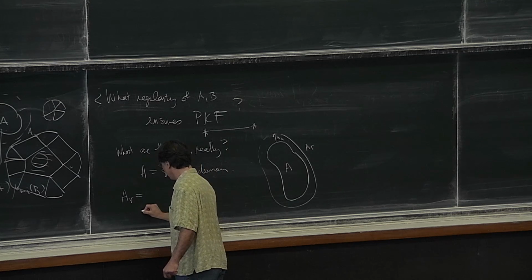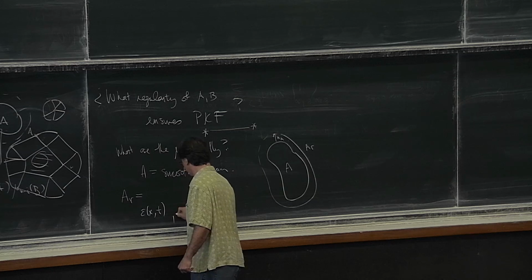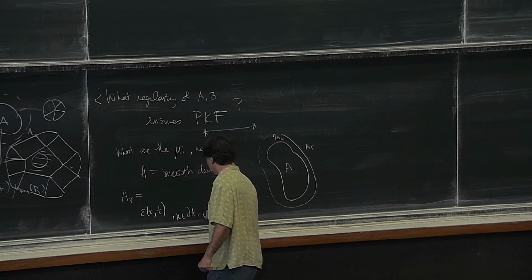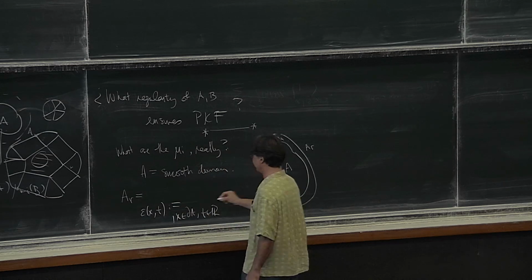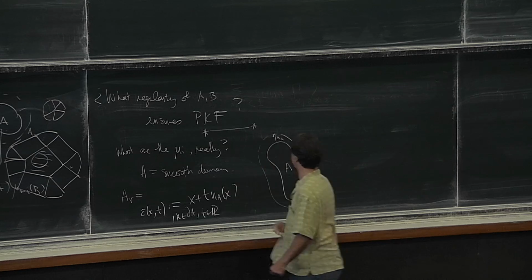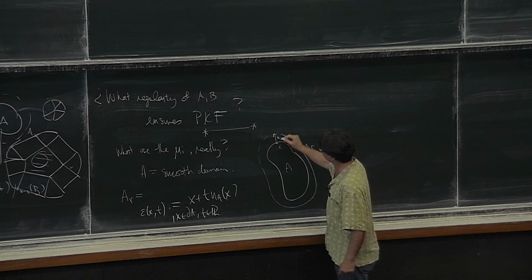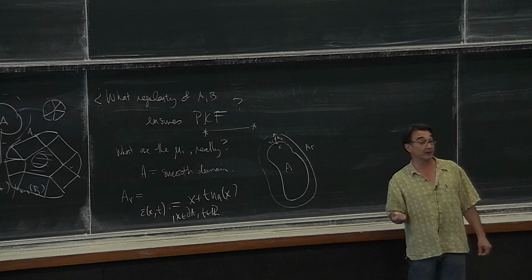Let me introduce a mapping, epsilon of x and t. Here x belongs to the boundary of A, and t is a real number. And epsilon of x and t is just x plus t times the normal of A at x. In other words, you start here at x, and you run out t units, N_A being the unit normal.